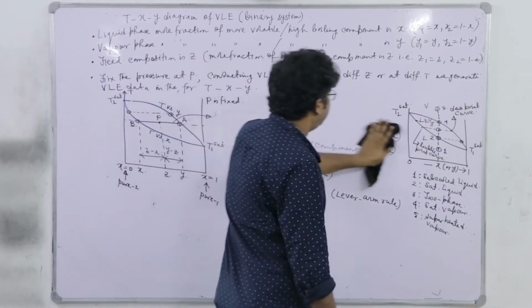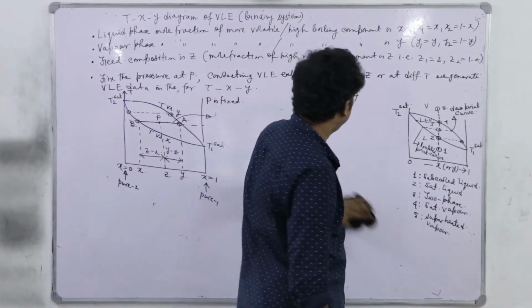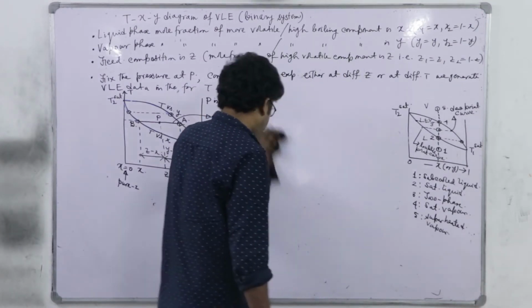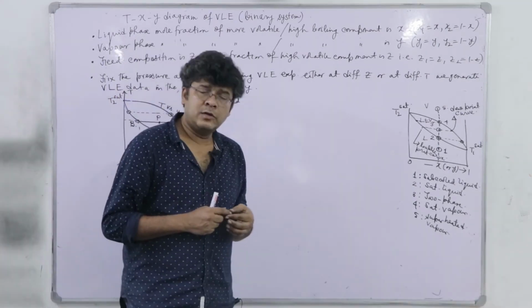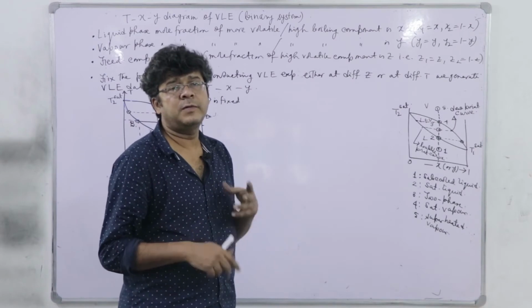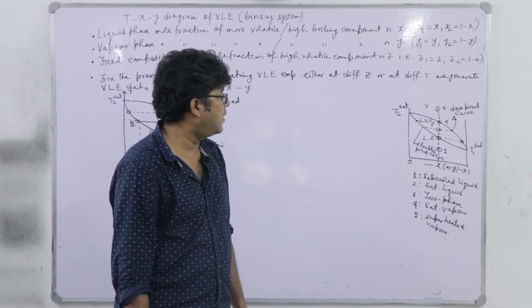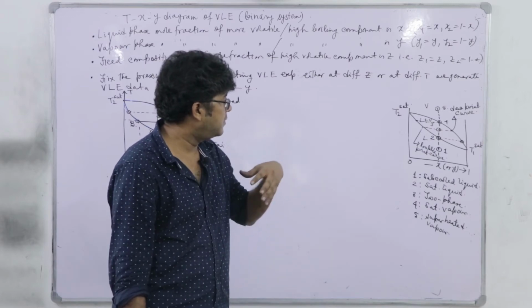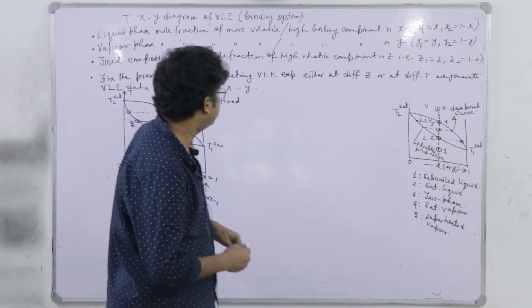Definitely, with a change of pressure, T1 sat and T2 sat both will go on increasing, right? And there will be a point where we cannot separate the liquid phase from the vapor phase, because we have already reached the critical point of component 1, right?